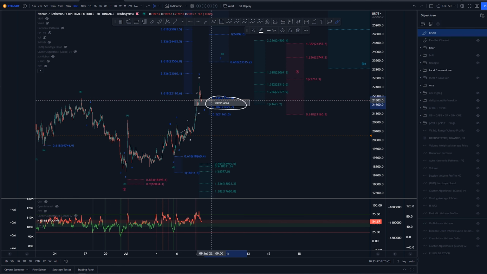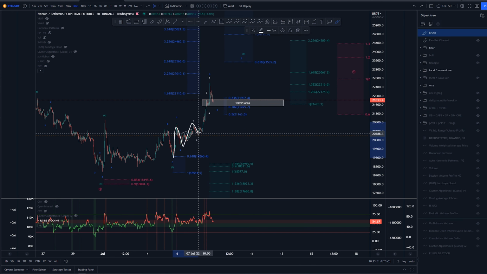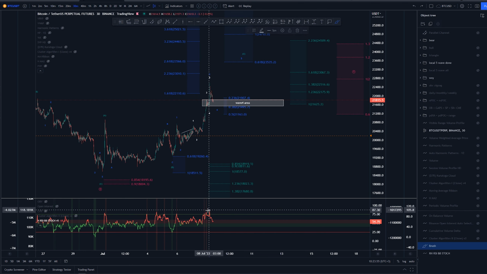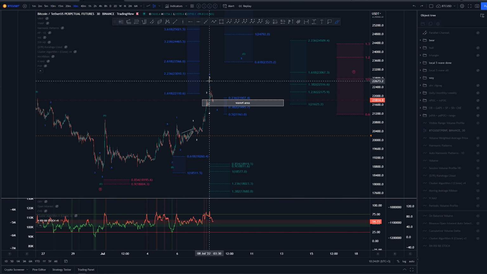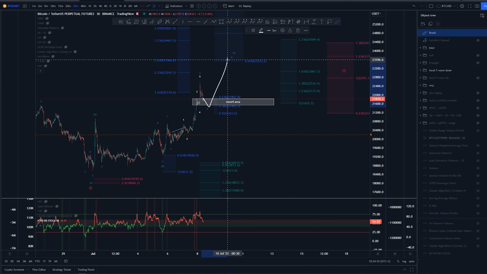Now, same area here, wave 4, different degrees: 1, 2, 1, 2, 3, 4, and 5 into the third. Again, we had that highest high on RSI here, so it fits really well as the third. So according to this, we would only be looking for one more low here on wave 4 and then looking for that wave 5.